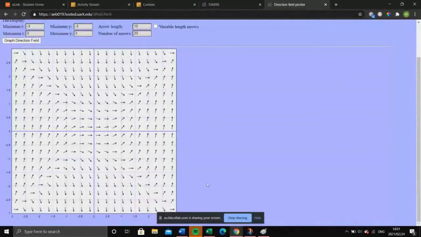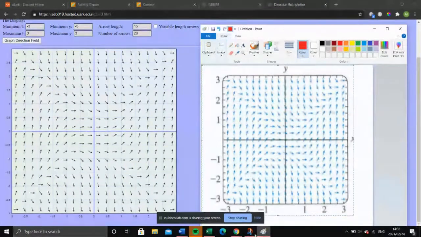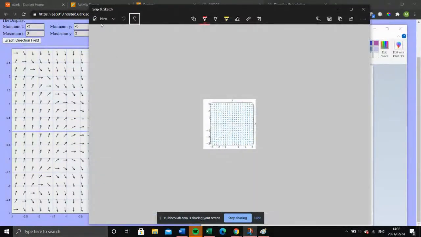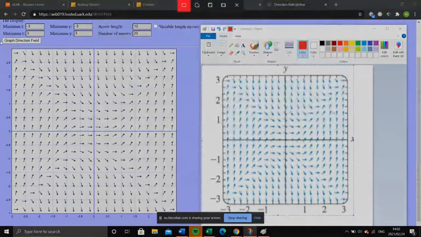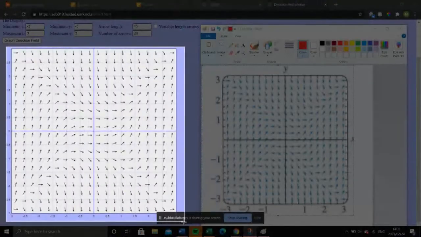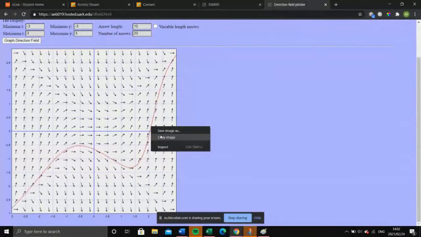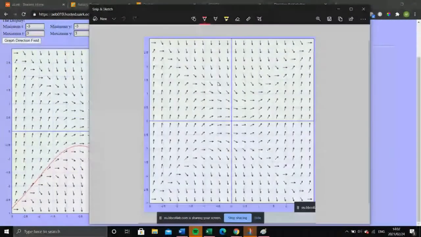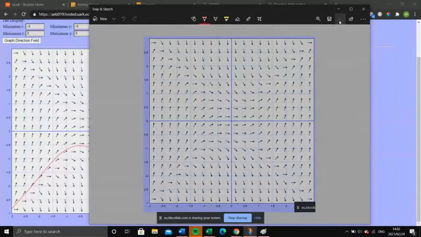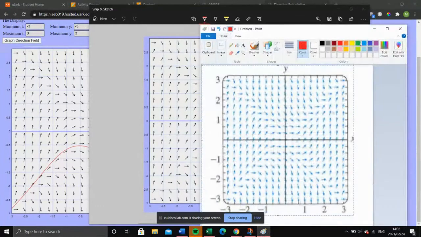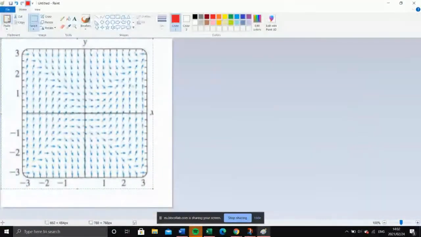Yes, so this is our direction field. This is what we are working with. In your text, on the question, you were asked to reproduce this, and we have reproduced it. So let's take a new snip. I'm going to snip the screen. All right, and I'm going to copy it, and let's put it into Paint.